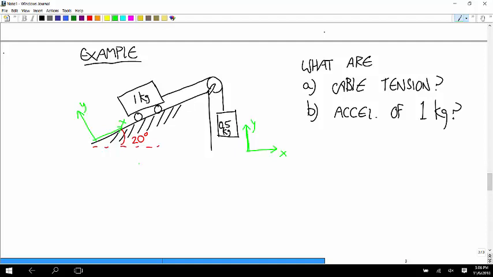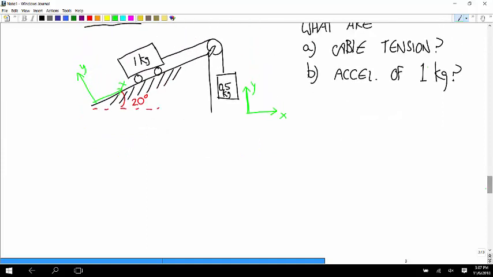If you go back later and compare what I'm doing here to what I did last time, you'll see everything's just the same except for the fact that there's that angle there, so the weight force is. Okay, so first I'll do a free body diagram of the 1 kilogram cart.